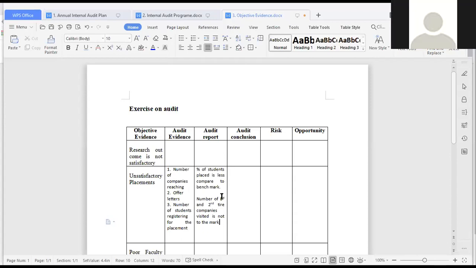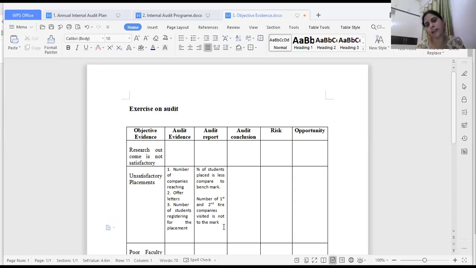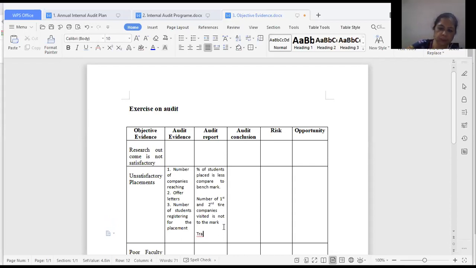Even the job market depends on it, so that will also become a reason. Correct. The training is not matching with the placement, ma'am. Industry-academia interaction trainings. Yeah, maybe the training is not matching with the placement or job opportunity.